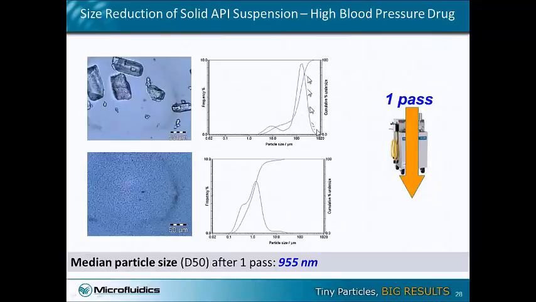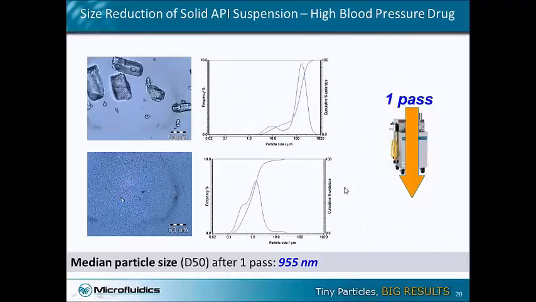And after just one pass through the microfluidizer, you can see the D50 is already reduced to just below 1 micron. So the particle size is reduced to submicron range after just one pass. If you need to reduce this further, you can increase the number of passes to achieve a smaller size.